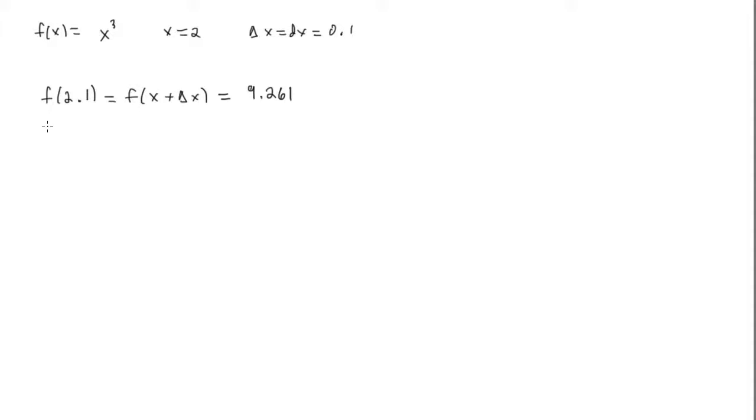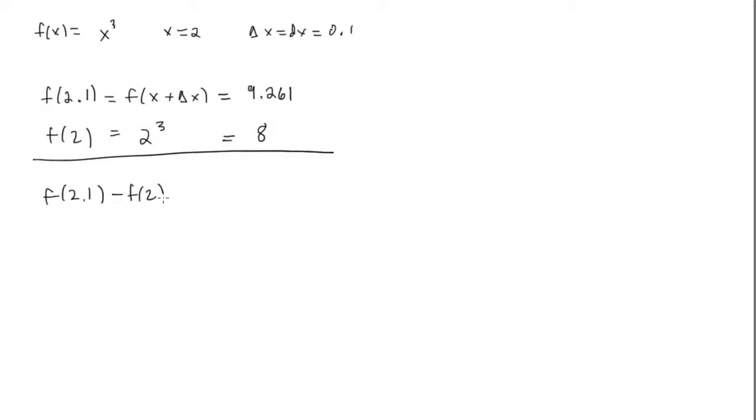And then we had already said that f of 2, this one we can compute exactly, is just 2 cubed, and that's 8. Okay, so f of 2.1 minus f of 2 is 9.261 minus 8, and that's, of course, just 1.261. Okay, and so this difference here is what we're going to call delta y.